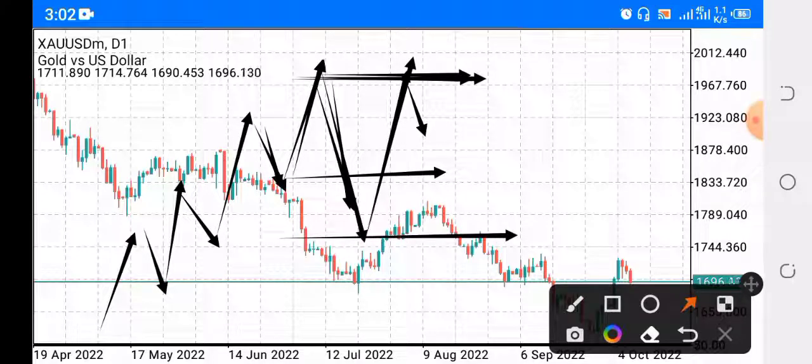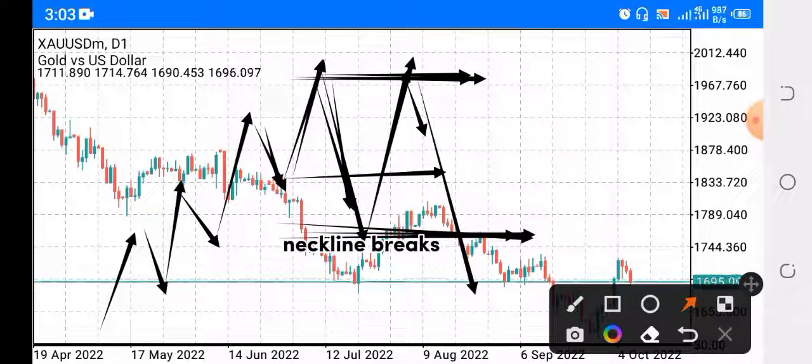This is now the neckline. Waiting for price to come back to this zone and break it downward, then you have a double top already. You get it? So coming down and breaking this zone, there's a break of structure here, which will make you know that hey, these are sellers coming into the market.